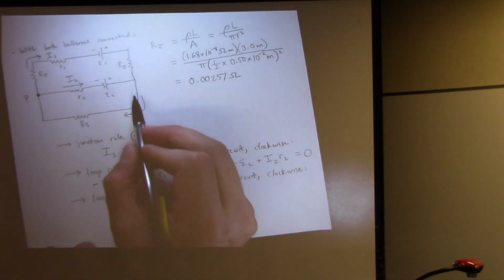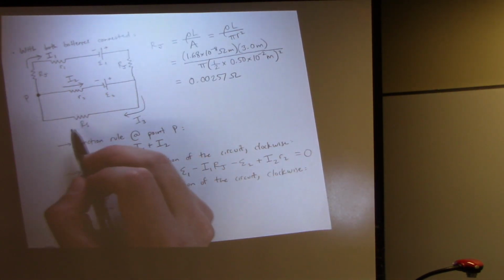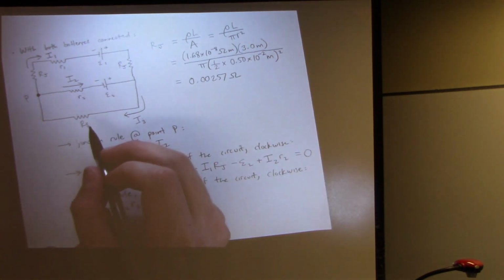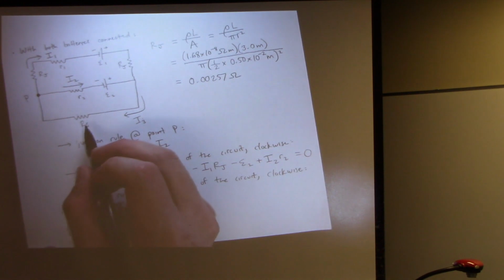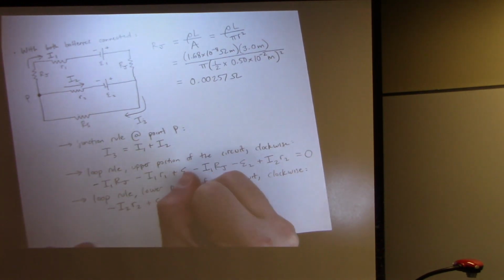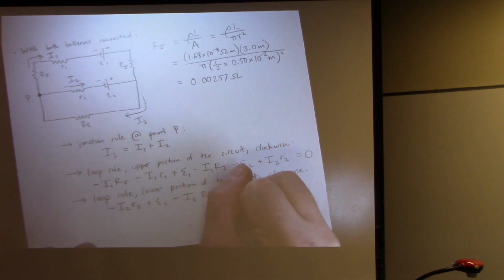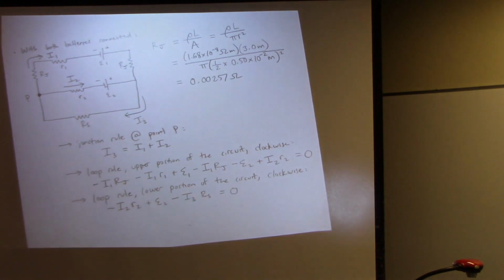And then finally we loop back around until we get to the starter motor. And in this case, we're going in the same direction that the current is flowing. So that's minus I3 times R sub S, and that equals 0. So those are the three equations that we're working with. The next thing is just to crank out the algebra, make sure we get the right answers.